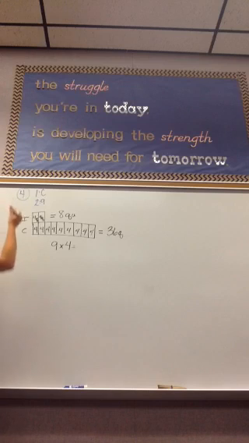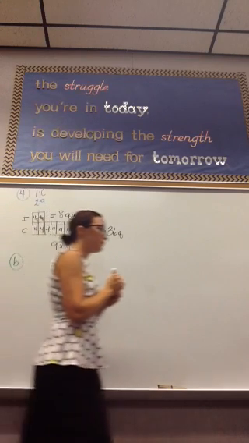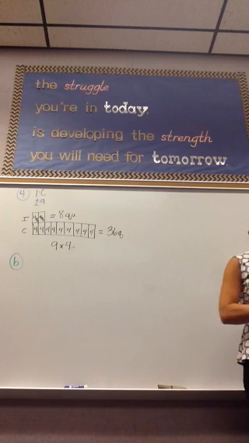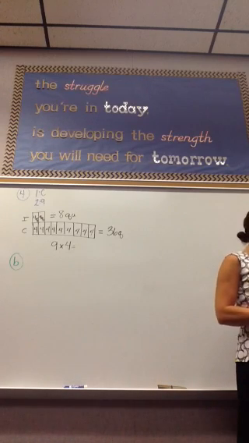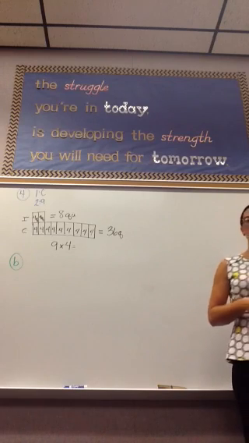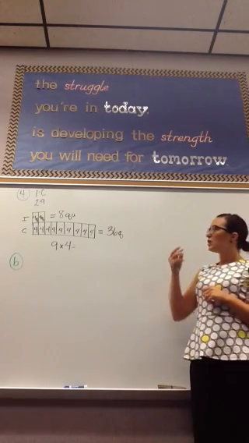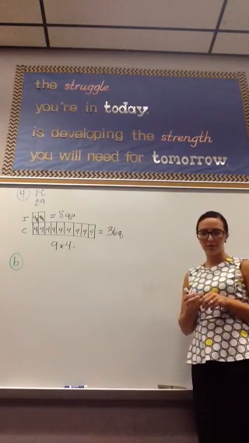Now, based on the same information with Josie, they ask question B. If Josie had missed 20 questions, how many did she get correct? Draw a tape diagram to demonstrate how you found the answer. So now she has missed 20 questions.